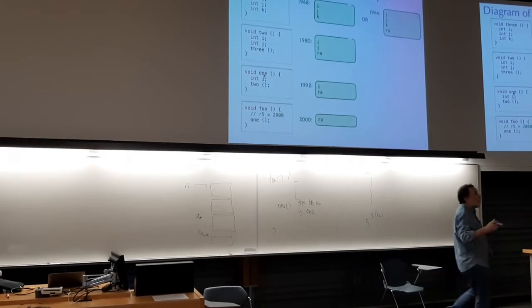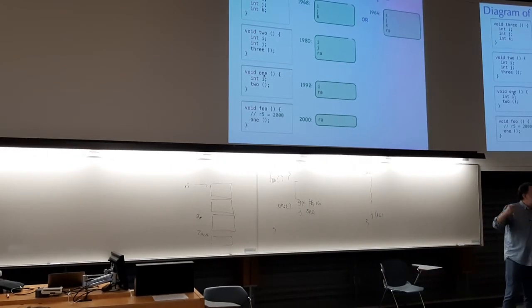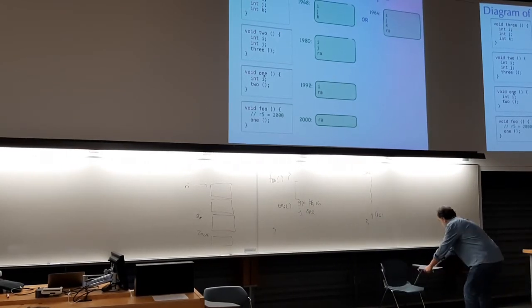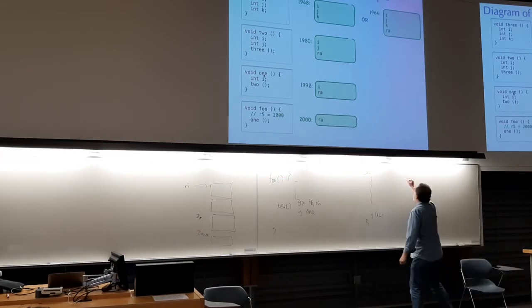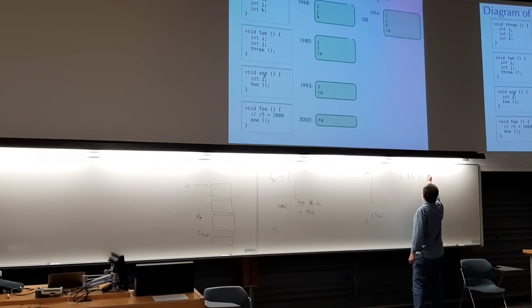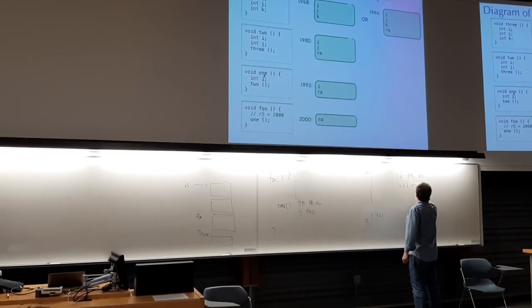And then when we get here, we have to, at the beginning, make room for the local variables and the saved return address, so we're going to have minus 8. And then store the return address, R6, onto the stack.